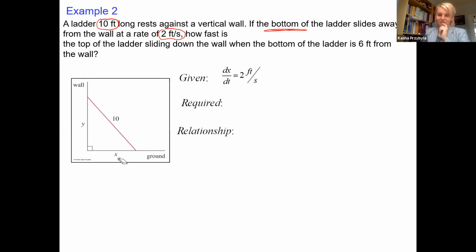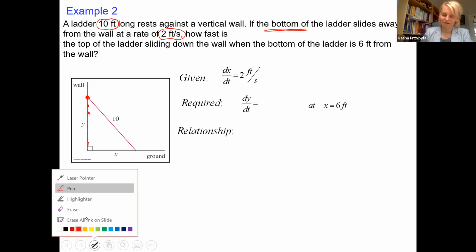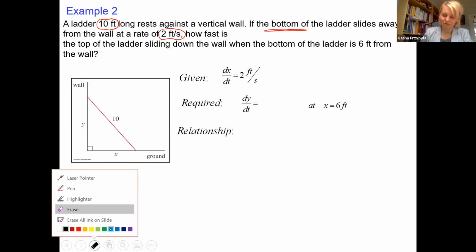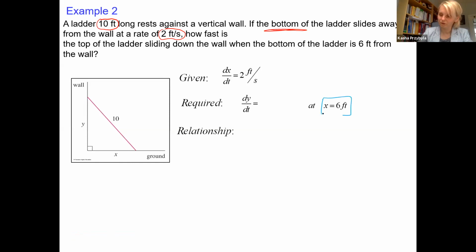Okay, yes, the top. Now what we have to find out, how fast is the top? That means how fast that dot is sliding down, dy dt. Now, do you think 6 feet is a constant or is changing?